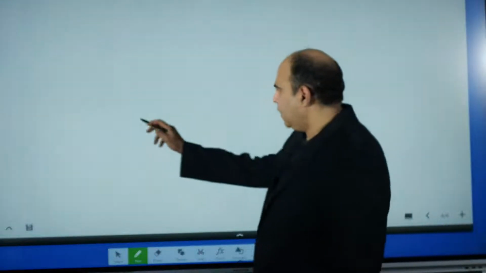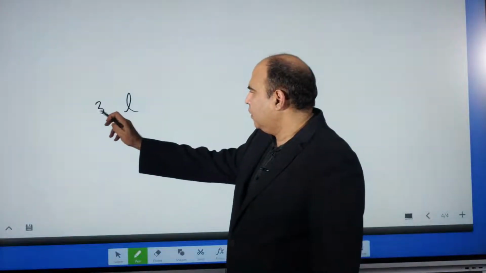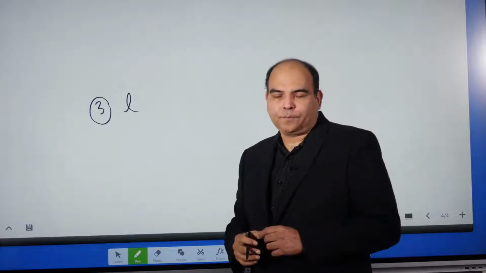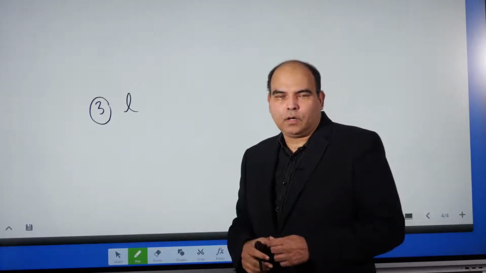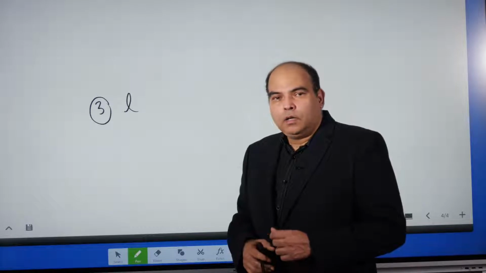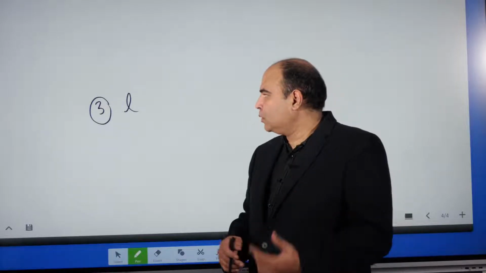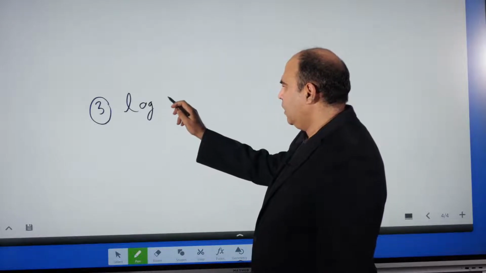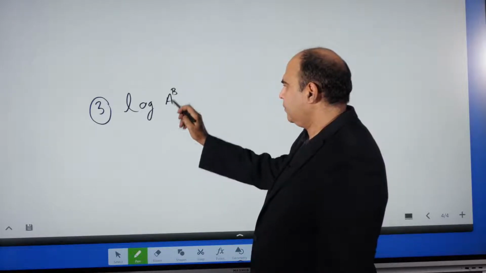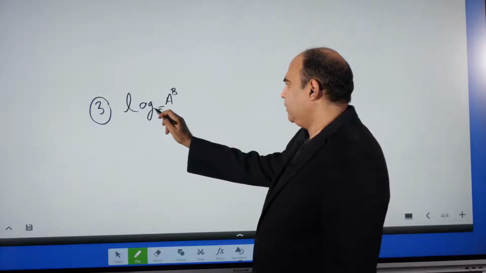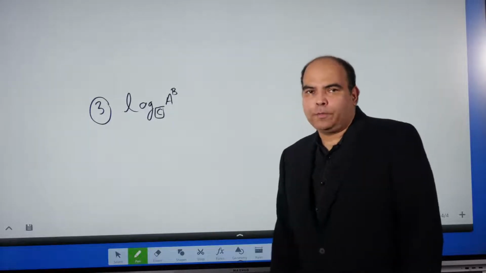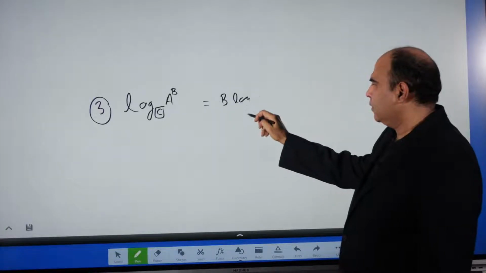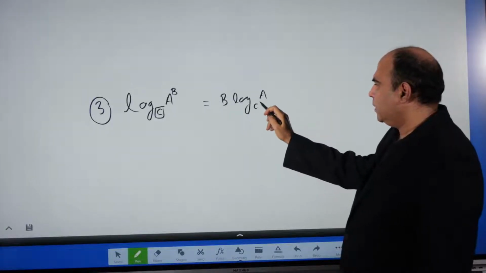The third one, which you should know, this is the third rule, and the first, the original one, of course, was the definition of log, and we've done two same base rules, and this is also a same base rule only because when you use log a raised to b to the base c, this can be written as b log a to the base c.